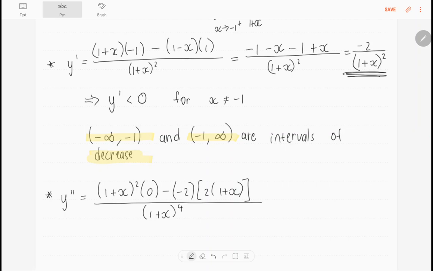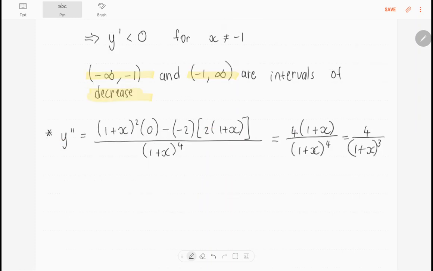So what I get here is I have in my numerator 4 multiplied by 1 plus x, and in my denominator 1 plus x to the 4. So this becomes 4 over 1 plus x cubed. So what we can see here is our numerator is always positive.